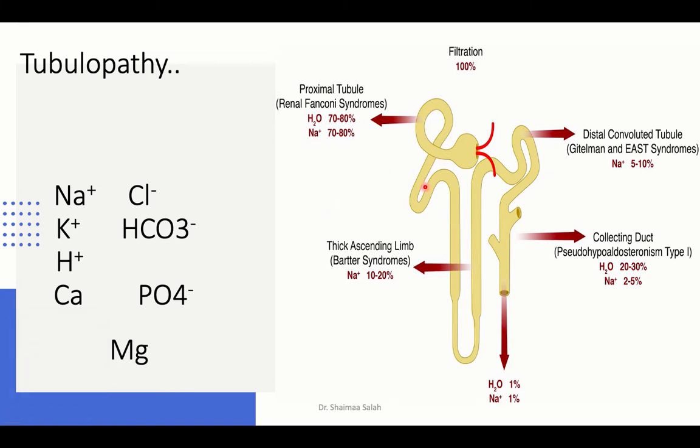Based on the sodium delivery to renal tubules, the tubules have the priority to reabsorb sodium to the plasma in exchange for potassium and hydrogen. So potassium and hydrogen are excreted in the urine in exchange for sodium.